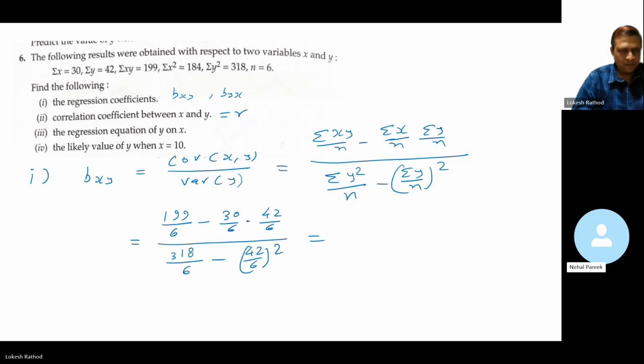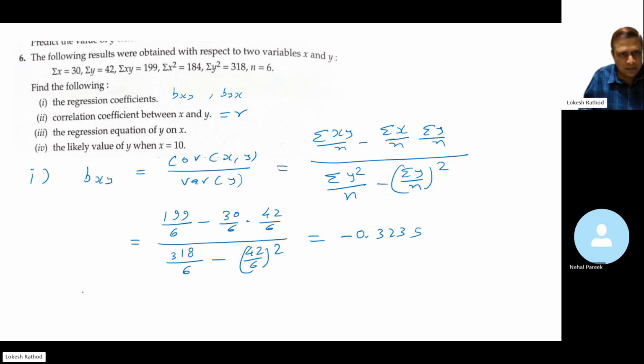I'm just leaving it in fraction form. No decimal. Minus. With this final answer, just give me the decimal answer. Okay, minus 0.3235. Minus 0.3235.